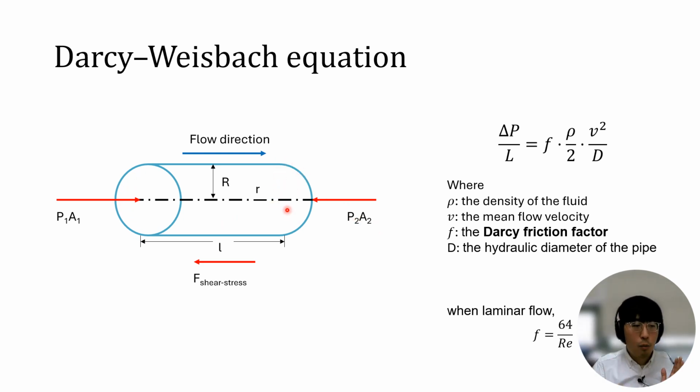And typically, A1 and A2 are going to be identical. And P1 is the pressure in this location, and P2 is the pressure in this location.